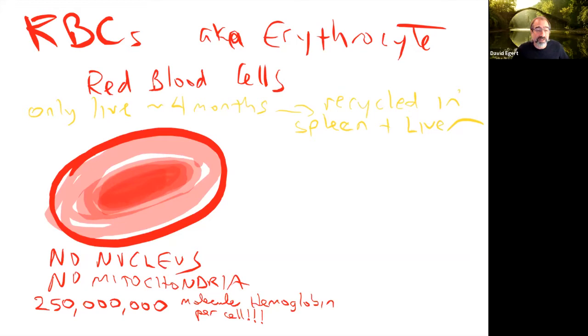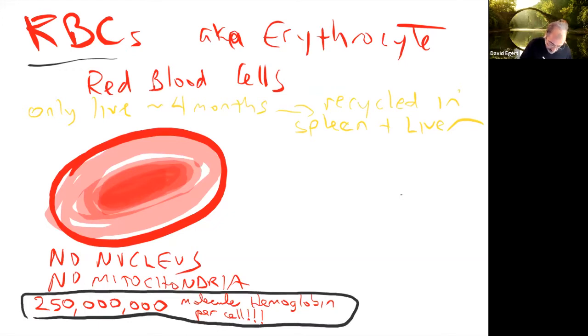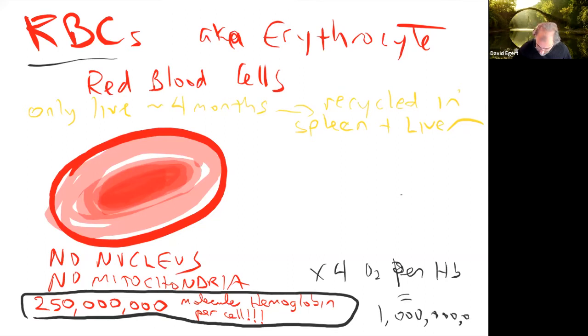It's a fully saturated RBC, I should say. So that's the main thing you need to know about RBCs. So there's 250 million molecules of hemoglobin per cell times 4 oxygen per hemoglobin equals 1 billion oxygen per cell.